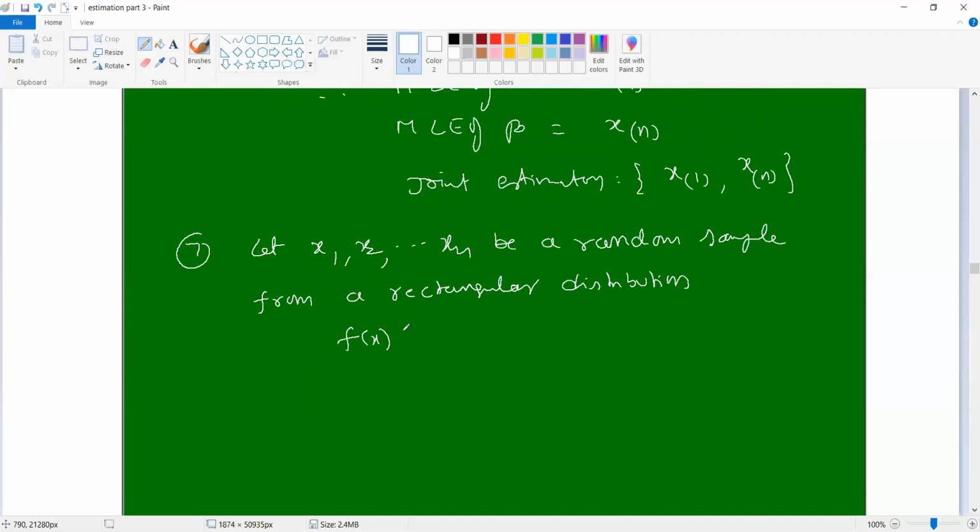The PDF is given by f of x equal to 1 by 2 theta, for minus theta less than or equal to x less than or equal to plus theta. Theta is always greater than 0, and f is equal to 0 otherwise.